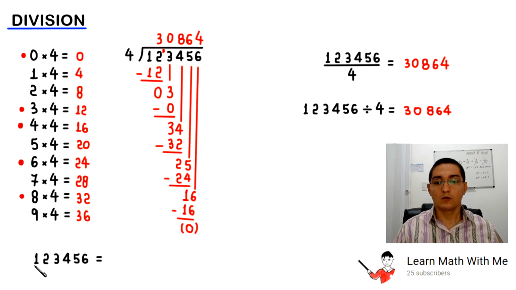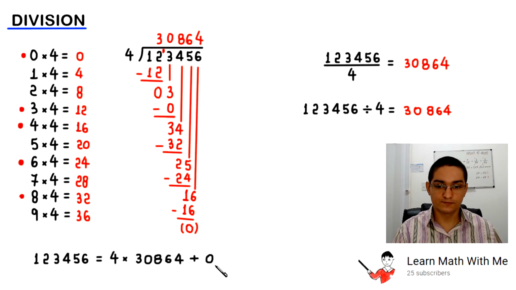We can say that 123,456 is equal to 4 times 30,864 plus 0. We can read this like this. The dividend is equal to the product of the multiplication of both the divisor and the quotient added the remainder.